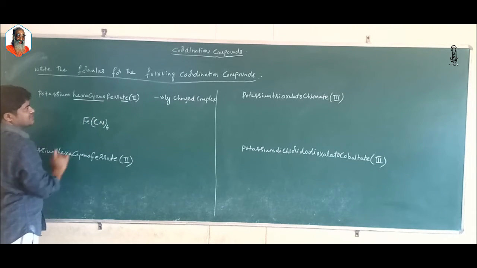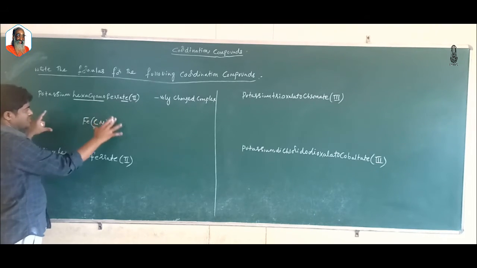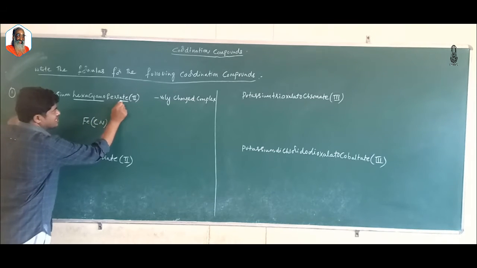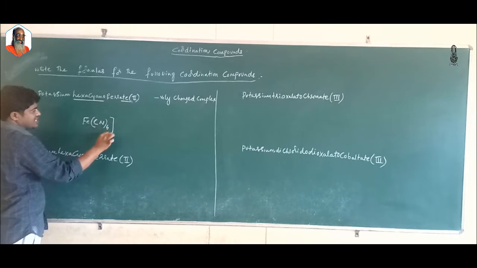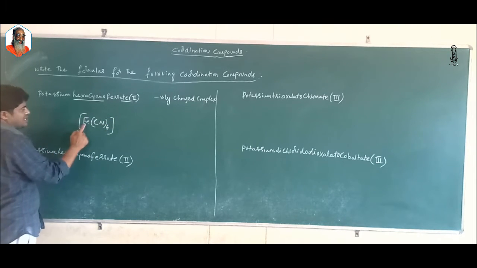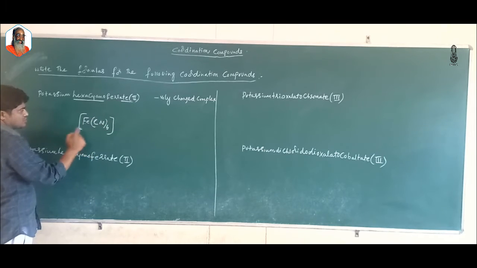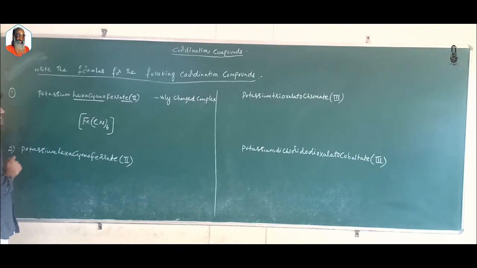Now the oxidation state of iron is 2. When you are writing the formula, you feel difficulty regarding this one. The remaining you can write. So enclose the metal ion and ligands in square brackets, whether charged or not. That is, the coordination entity is enclosed in square brackets.